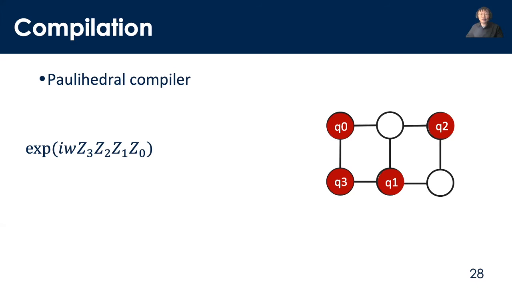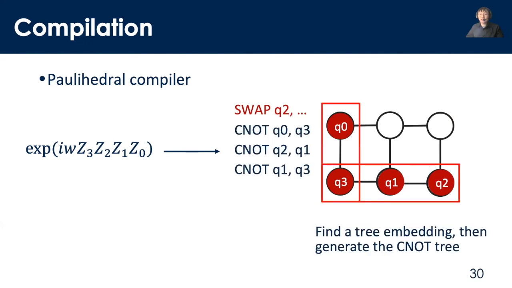So in Paulihedral, what we are doing is to merge all the logical qubits into a connected subgraph in the hardware coupling map. For example, we can use a swap gate to move Q2 down by one step. And now we can see that Q0, 3, 1, 2 are in a connected subgraph.